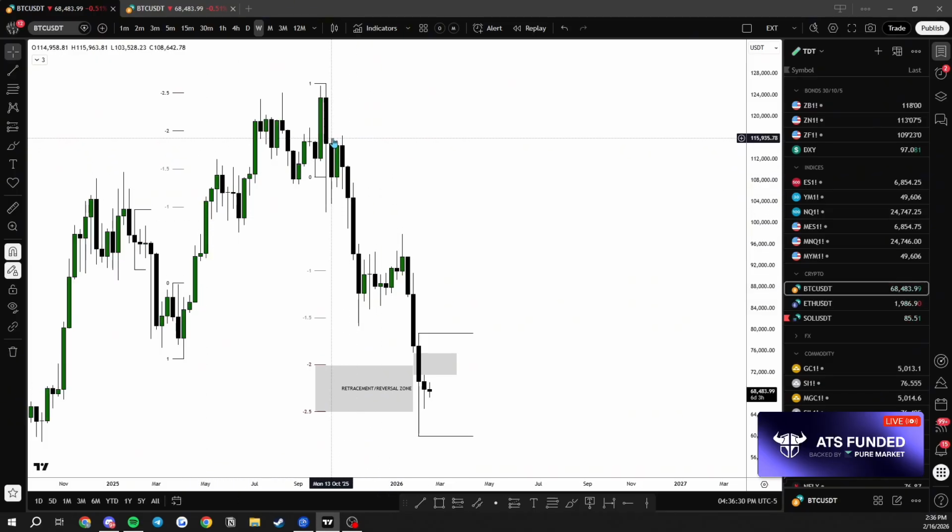Check it out. We get inside candle 1, we manipulate that inside candle's high, and look at what happens as a result.